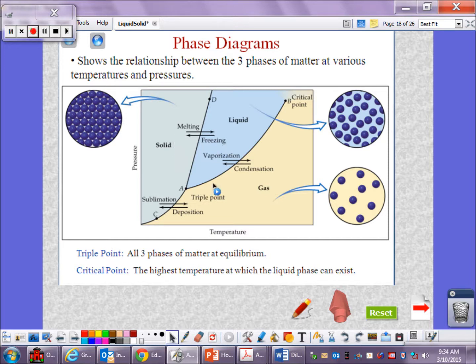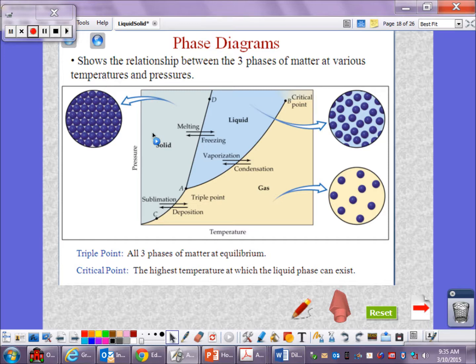Any point on this line is where your liquid and gas are at equilibrium. If it's exactly at 1 atm pressure, you go down here at 100, it will be the normal boiling point of water. But any point here will be a boiling point at different pressure, therefore different temperature.